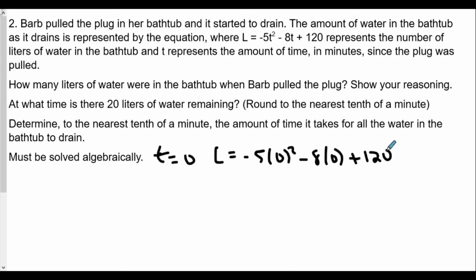So therefore, the number of liters, when you work this out, L is equal to 120 liters. So there are 120 liters at the time when Barb pulls the plug. What do I mean? When she first pulls the plug, when t equals 0, that is how much water is in the bathtub when you first start. That's the first one.